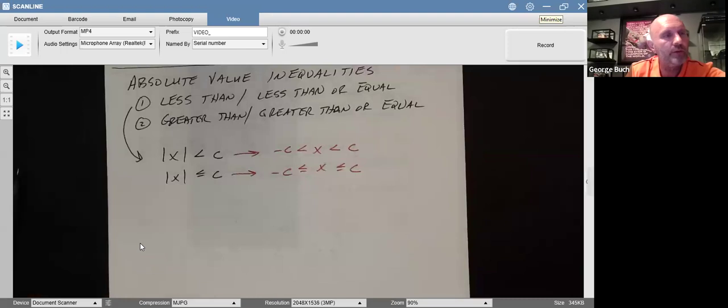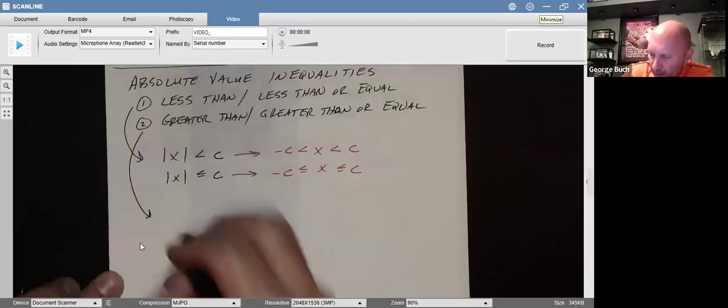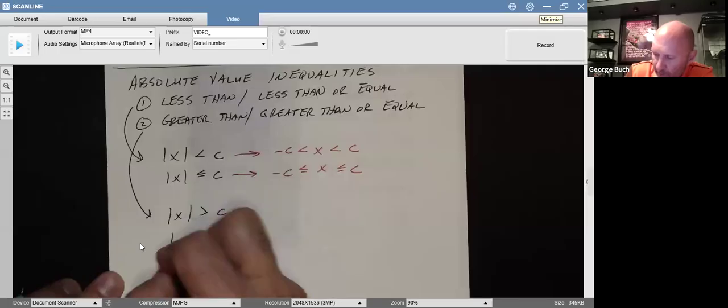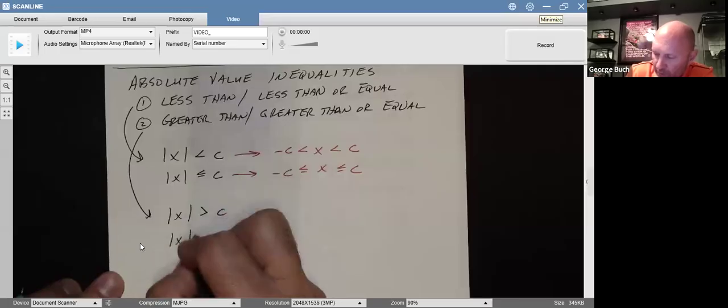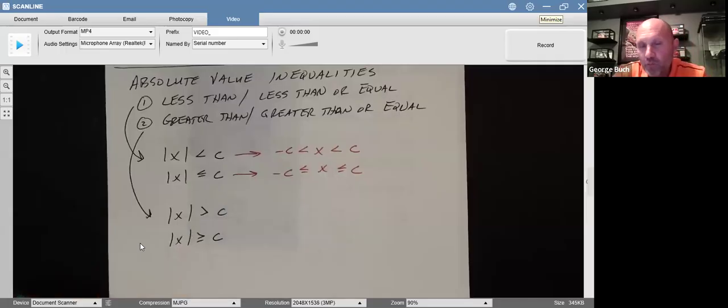Or, let me find a different color pen here, maybe green. The second case is when I have the absolute value of x greater than or equal to c. So let's think about what absolute value means. That means the distance from zero on the number line.